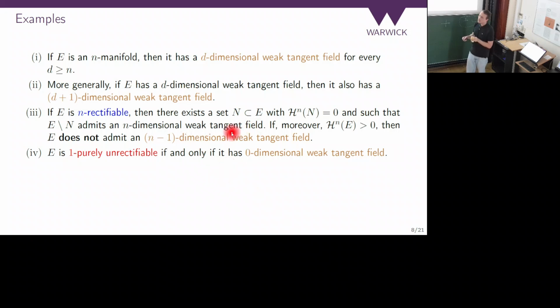So how do you find the N? Every rectifiable set can be written as a countable union of bi-Lipschitz images of subsets of Rn and a null set. Throw away the null set, and for the bi-Lipschitz images, it's easy. Okay. Yeah, that was because you just sort of take them.